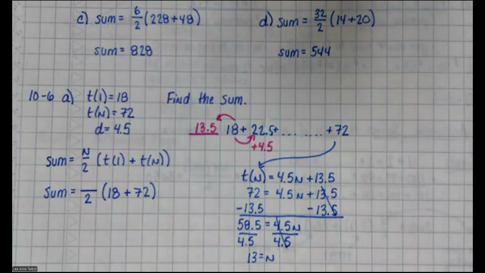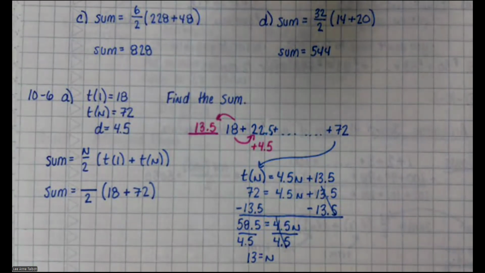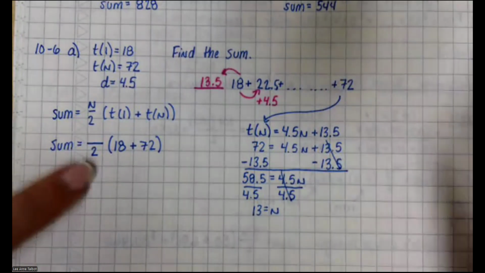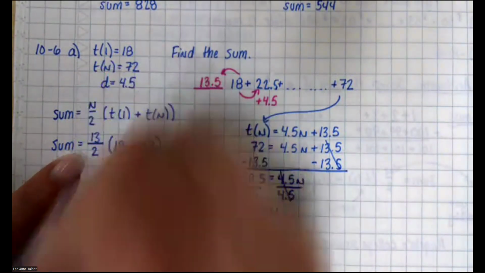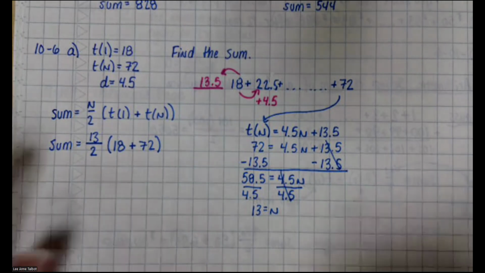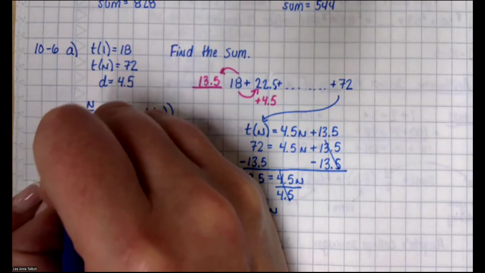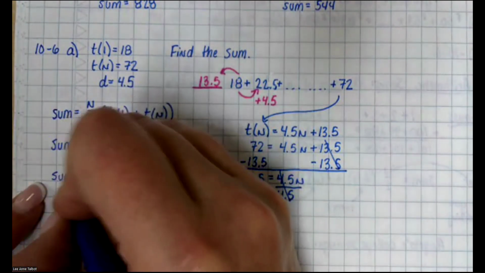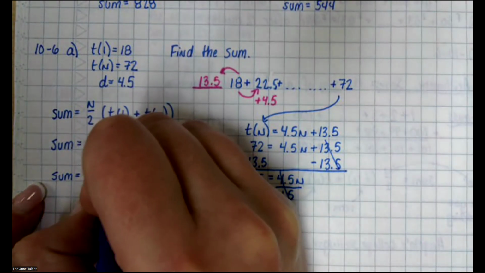Oh, so that means that 72 is in the 13th spot. And it also means that I would be adding up 13 numbers. The equation fixes everything. So the sum of this is 585.